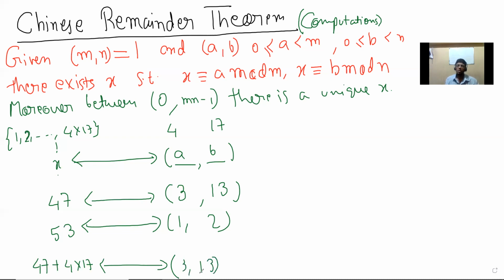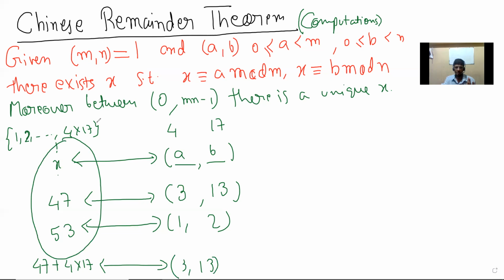That is why on the left-hand side we are only considering numbers from 1 to 4 times 17, not more than that. But if somehow we end up going forward, we can just subtract some 4 times 17 and come back inside.